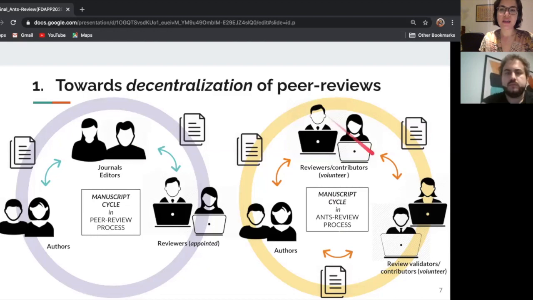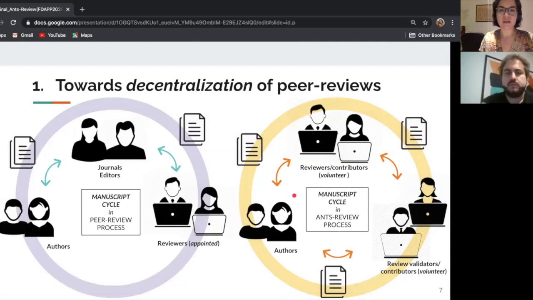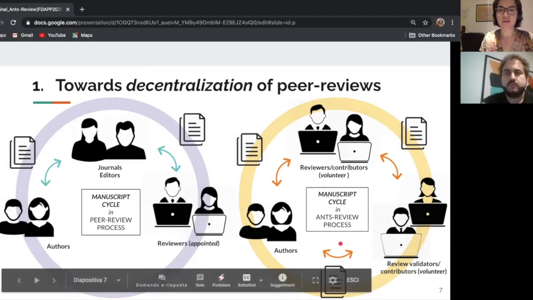However, in a decentralized system, there is no need for a third party, and the authors can hand their manuscript to the scientific community itself, which is made of contributors. And contributors volunteer to be either reviewers or to validate the reviews.